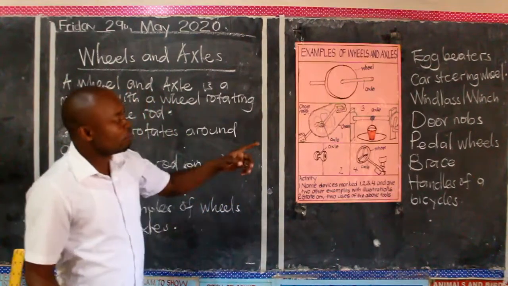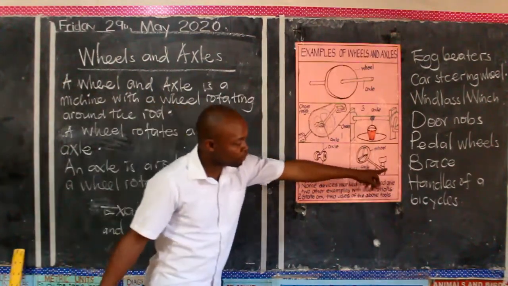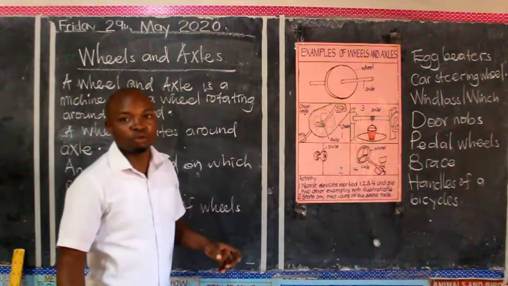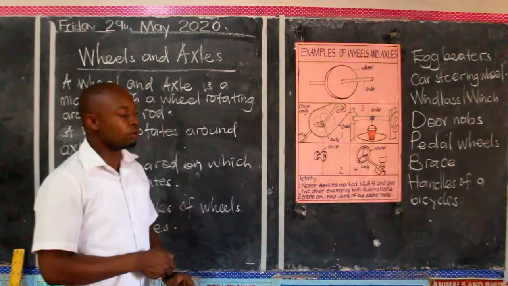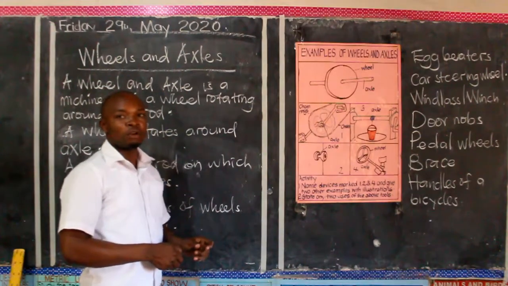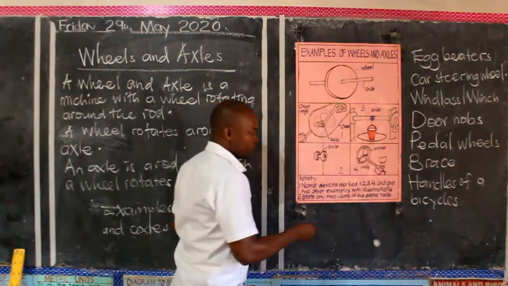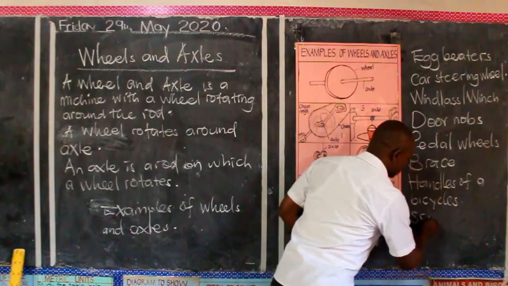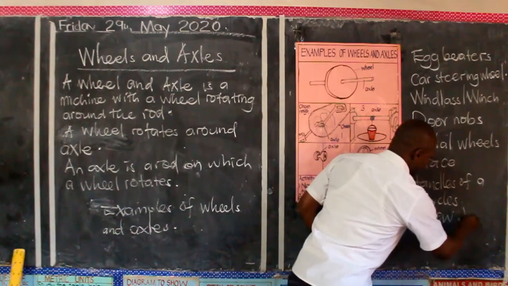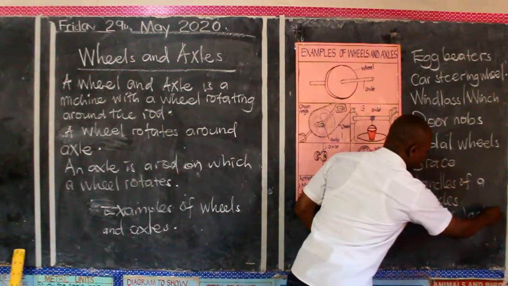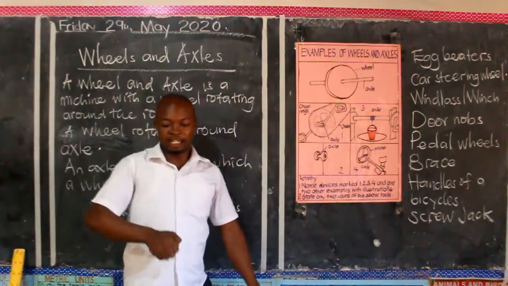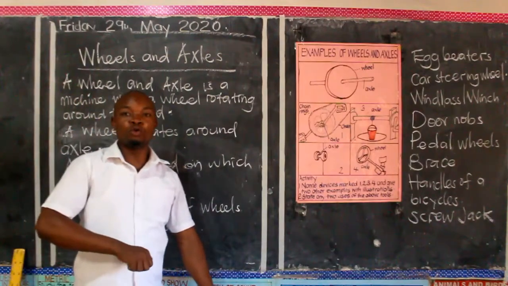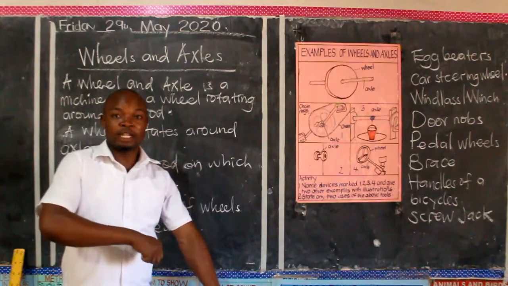For what we talked of, brace. Brace is used to make holes in wood. We also have screw jack. Screw jack for tightening wood together.